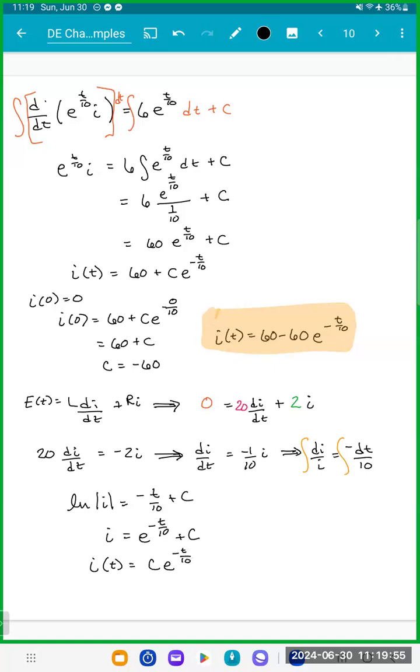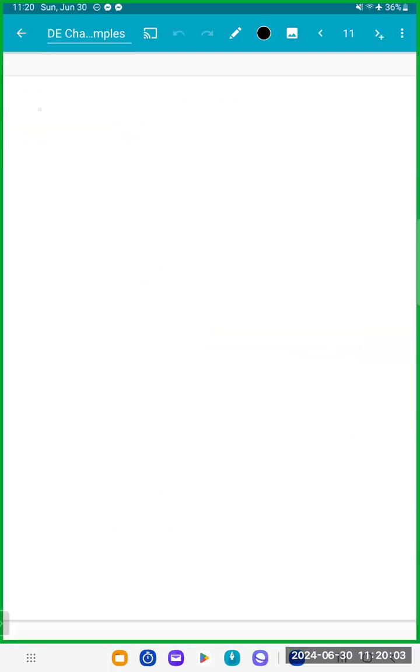So we want to apply our initial condition of t equal to 20 in both equations. So when we do that, we end up with 60 times 1 minus e to the negative 20 over 10 equals c times e to the negative 20 over 10. That simplifies to 60 minus 60 e to the negative 2 is equal to c e to the negative 2.